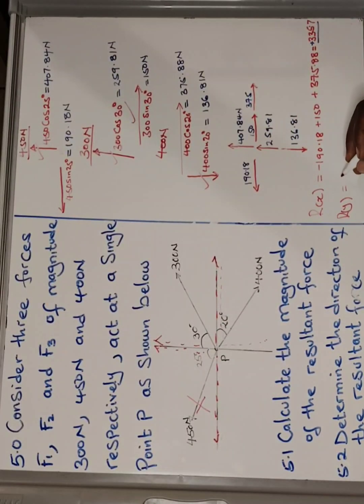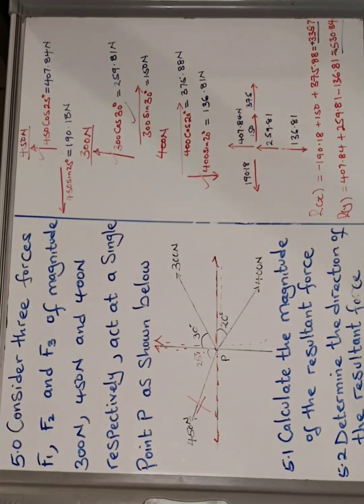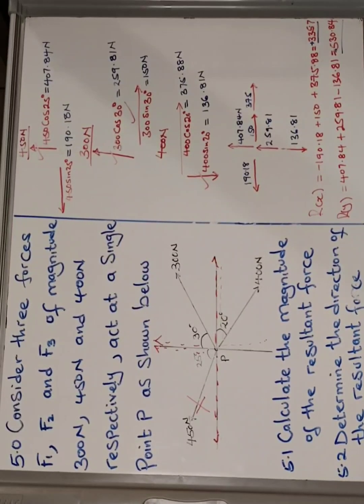You have 407.84 plus 259.81 minus, because this one is in opposite direction, minus 136.81, and let us see what we get. So this is what you get, which is also positive.